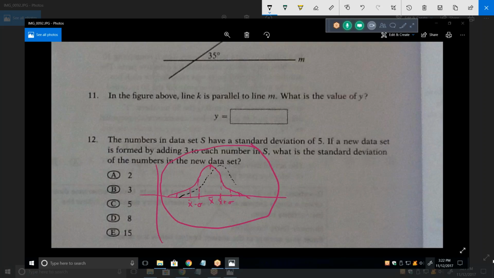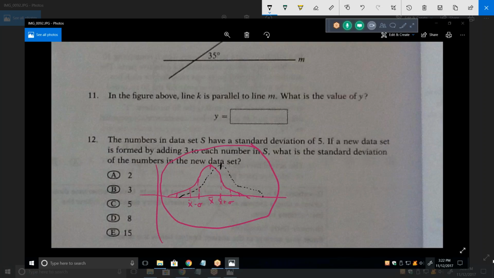In other words, if they both have a standard deviation of 5, the curves would look exactly the same. And obviously, if I add 3 to every number, I'm increasing the mean by 3. Correct. And I'm not changing the spread.